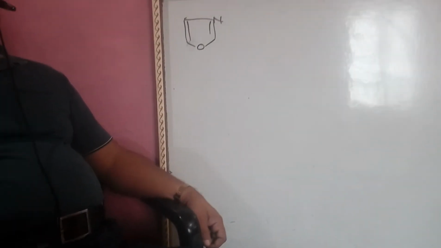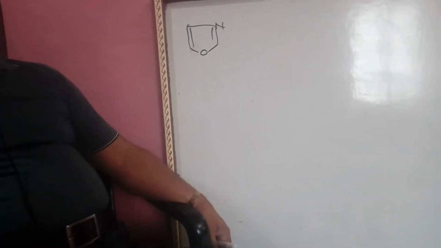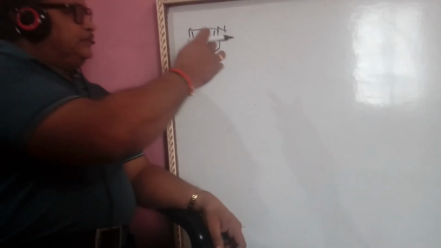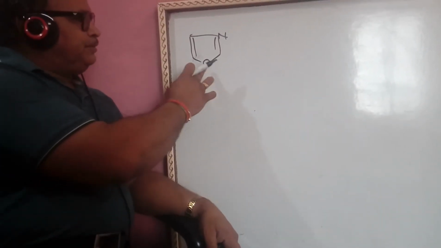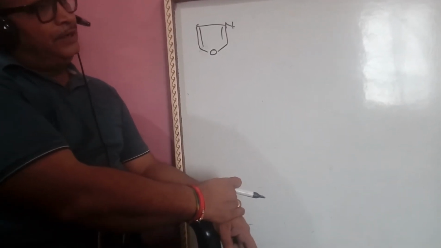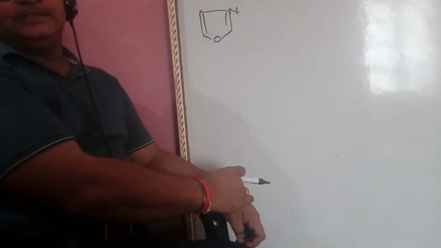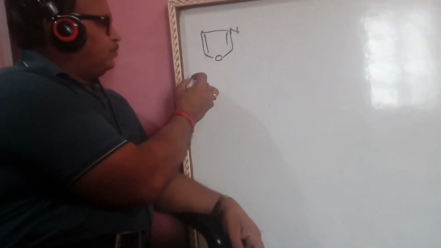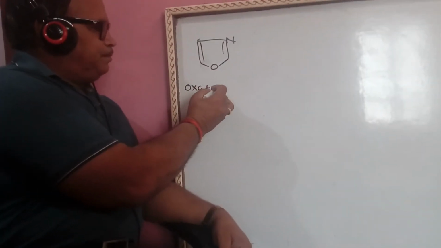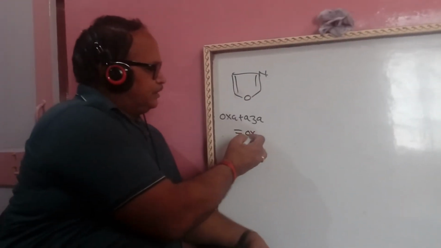One is oxygen and another is nitrogen. So in this case the prefix will be according to priority rules, and according to priority rules oxygen will be preferred, as it is present in the 16th group of the periodic table, while nitrogen is present in the 15th group of the periodic table. So the prefix for this compound will be oxa plus aza is equal to oxaza.